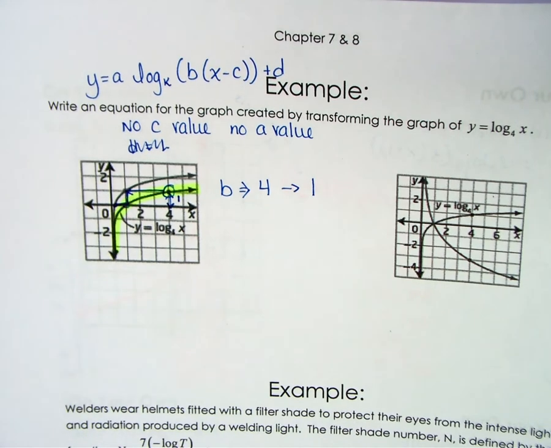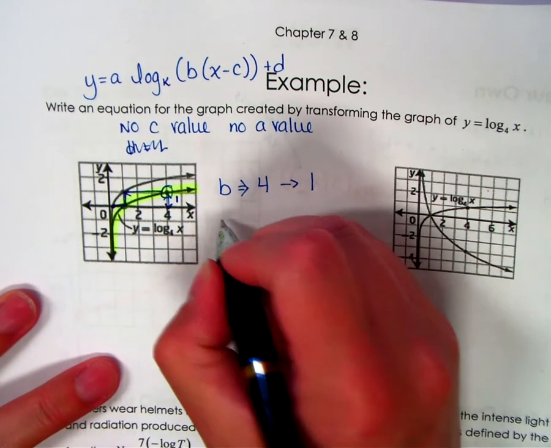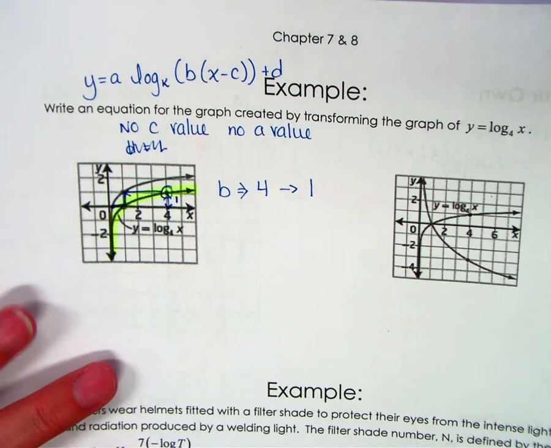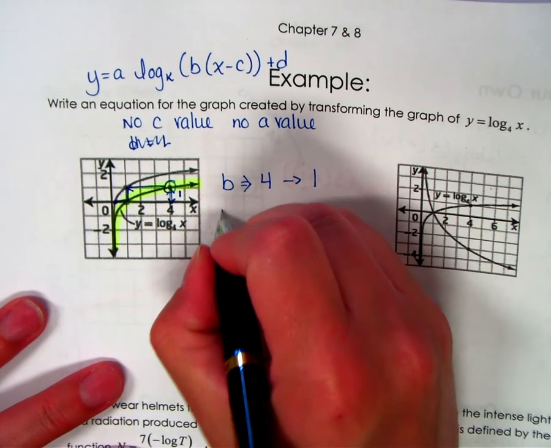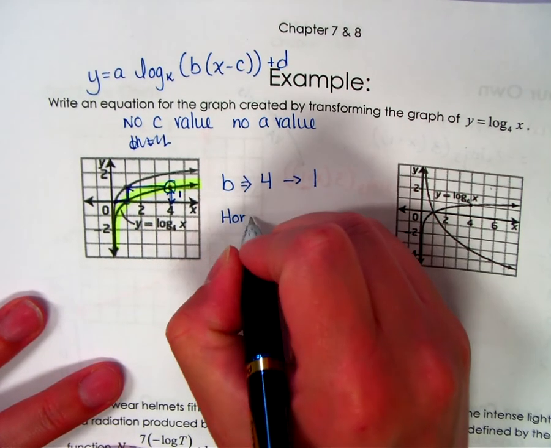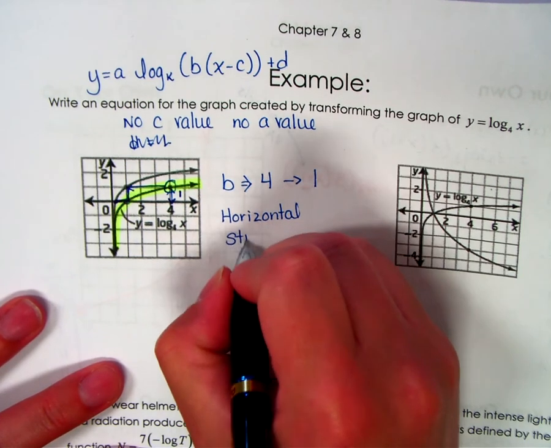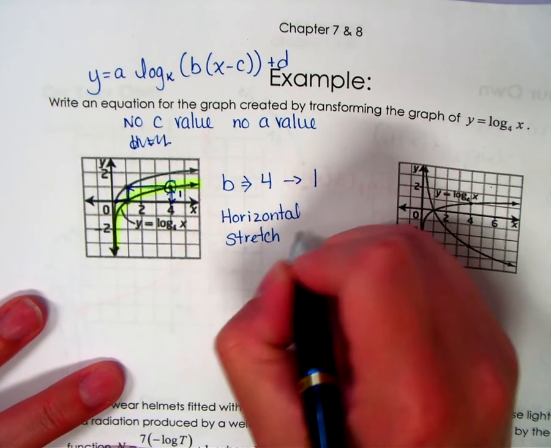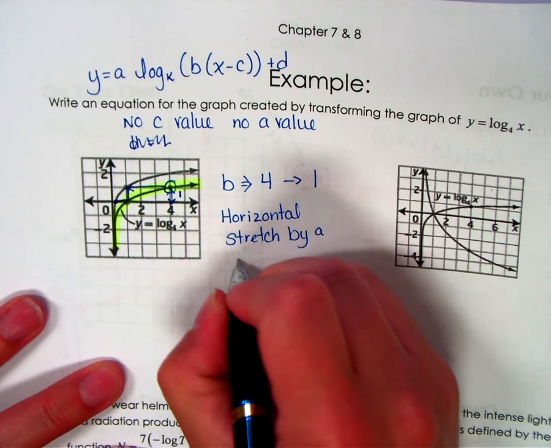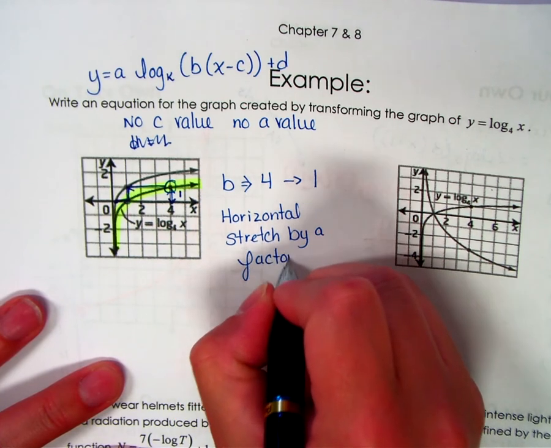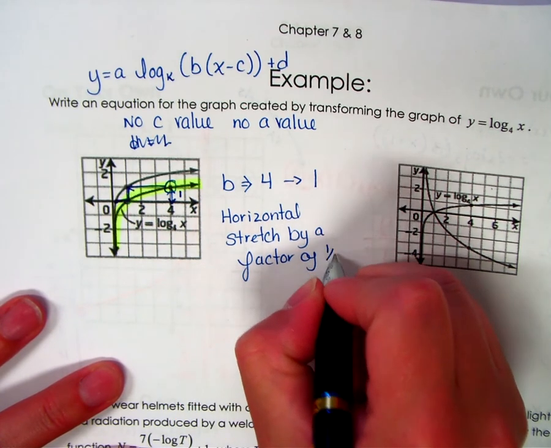So what do I have to multiply my 4 by to get it to 1? A quarter. So I have a horizontal stretch by a factor of a quarter.